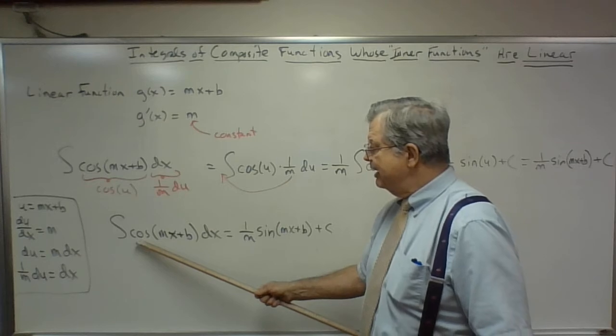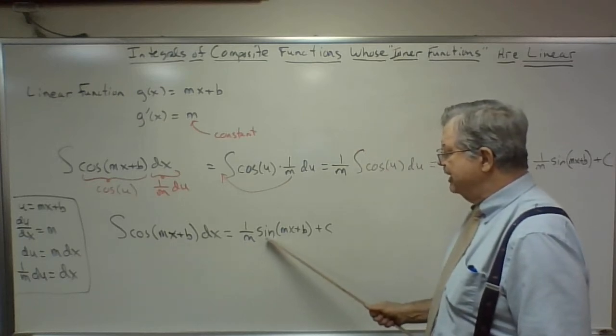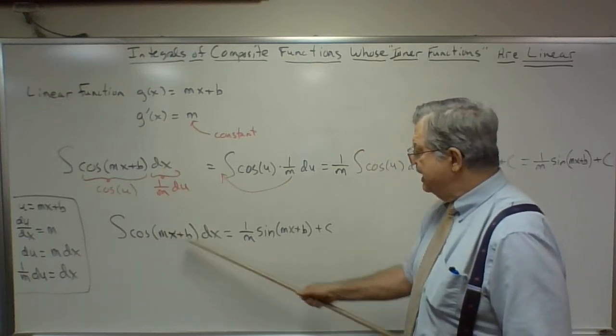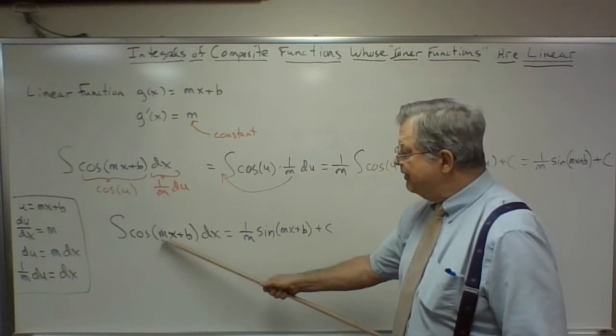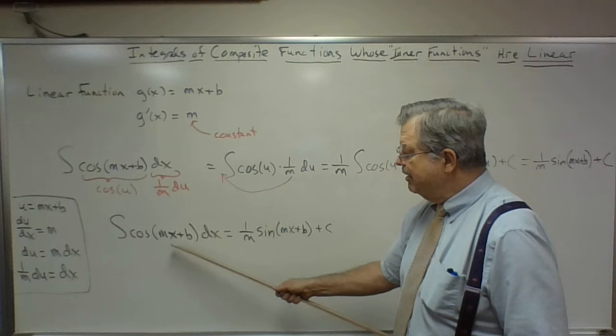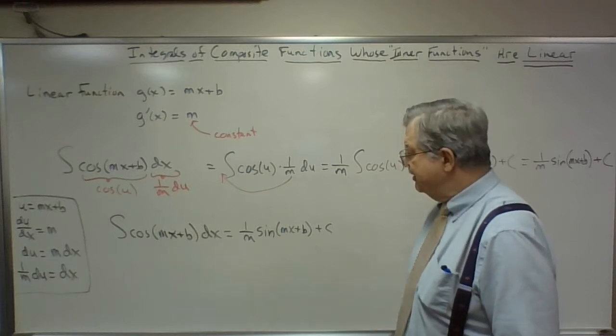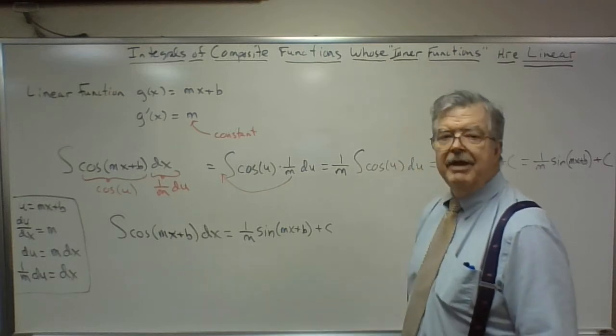We took the antiderivative of the outer function and got sine. We kept the inner function. And we just divided by the derivative of the inner function, 1 over m.